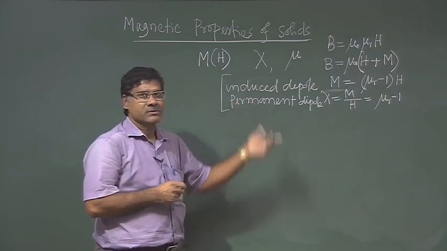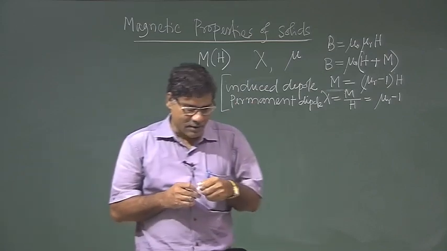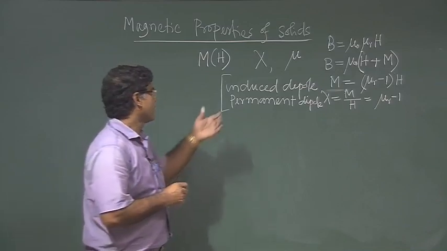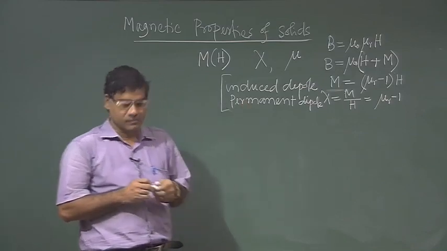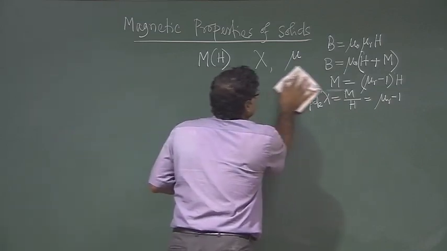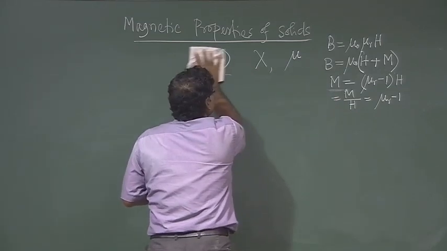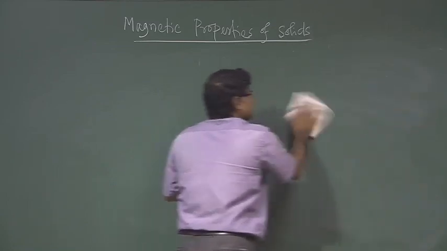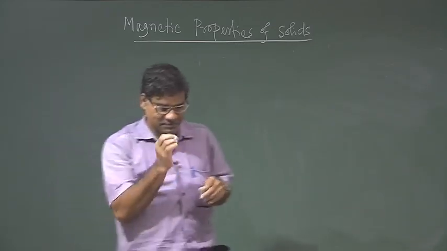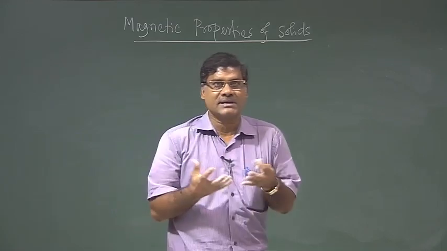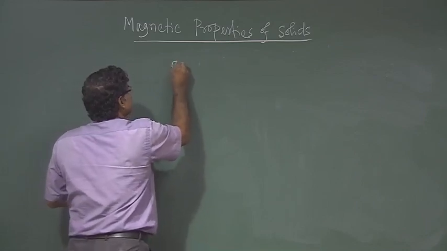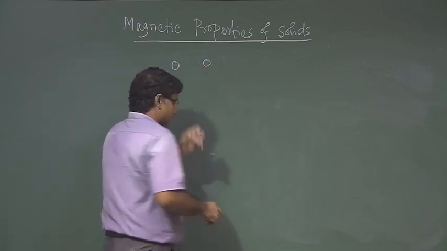So one has to look at the material from the microscopic point of view. If you take a microscope and see the material, what will you see? You will see the atoms sitting in the material.